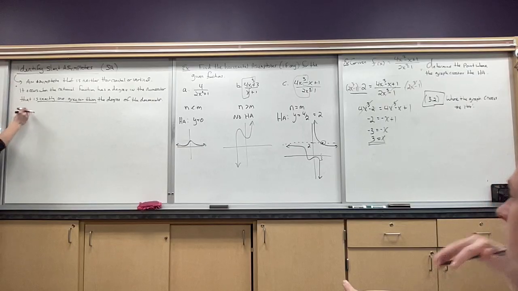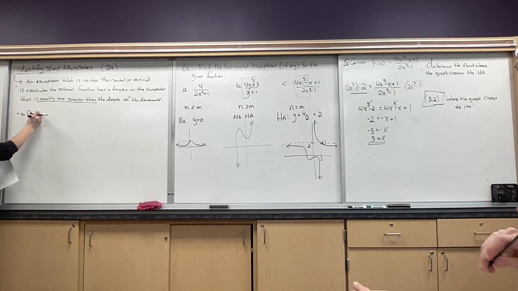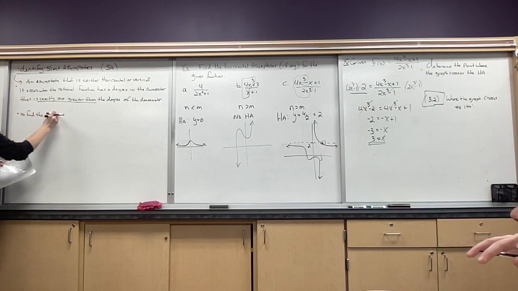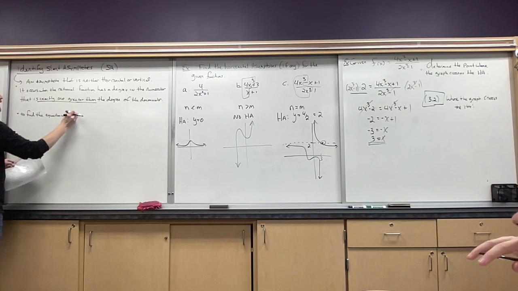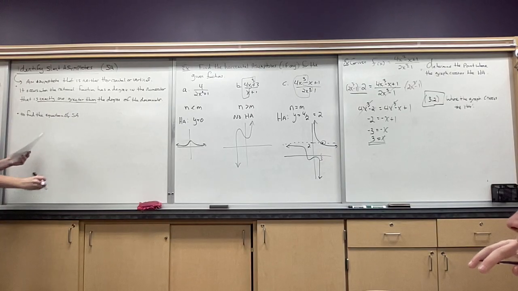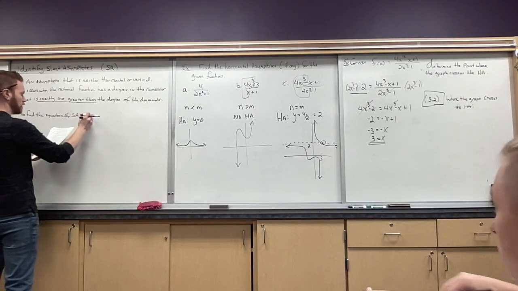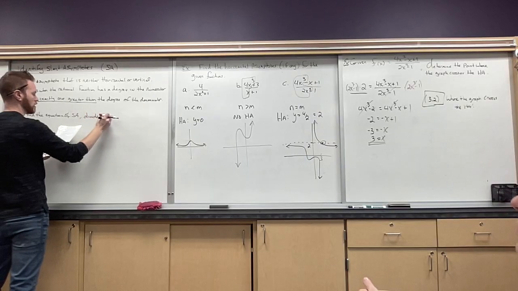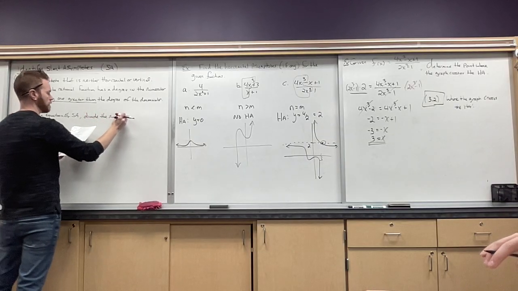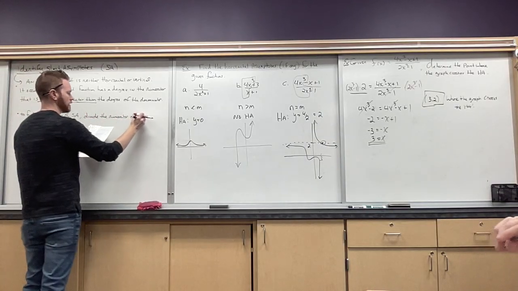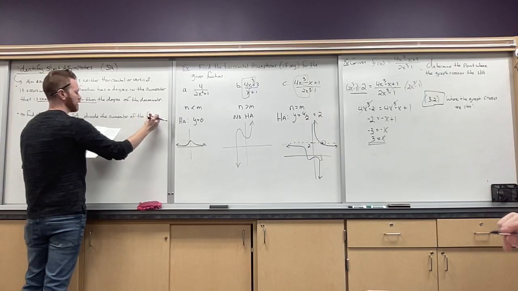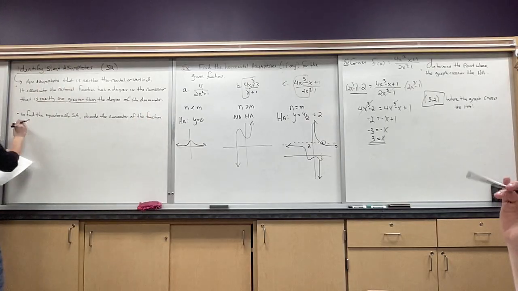Now, to find the equation, I'm going to say SA for that one. I know, quite clever, huh? Divide the numerator of the function by the denominator.